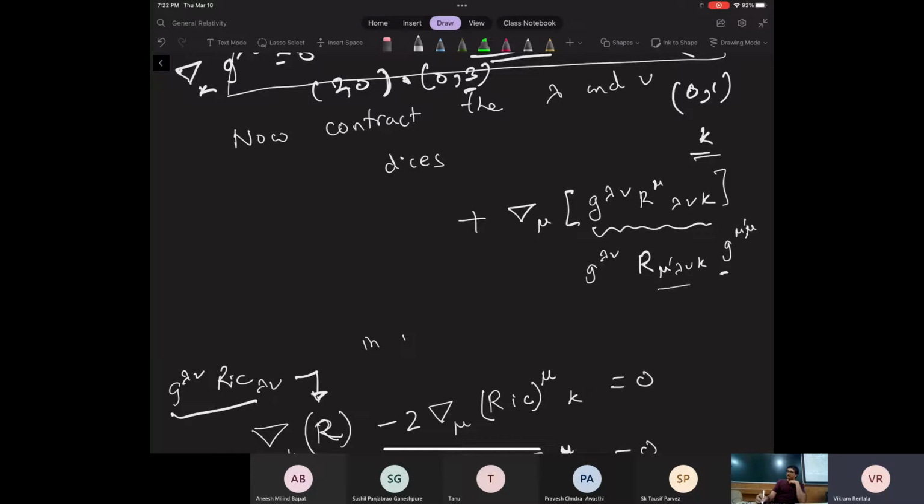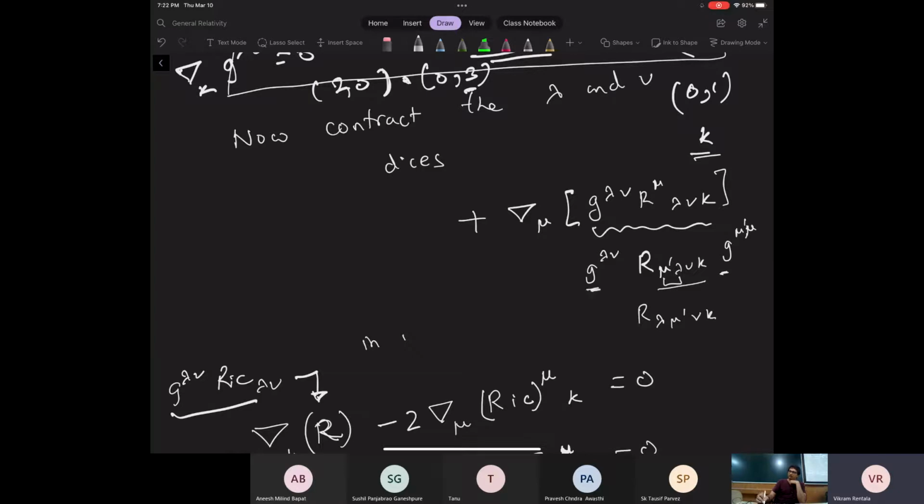Now what I can do is look at this and think of this as r mu prime, and I can exchange these two indices. When I exchange those two indices, I get a lambda mu prime, and now I have nu kappa.